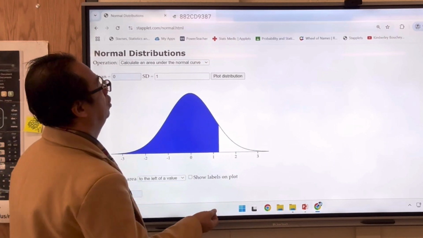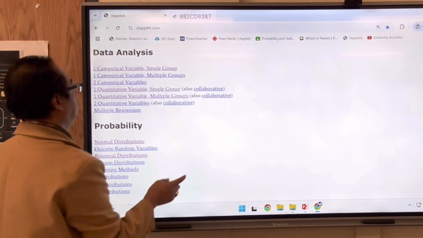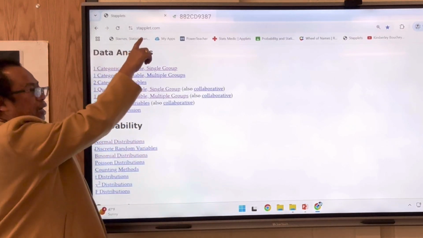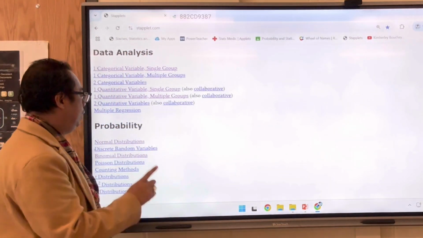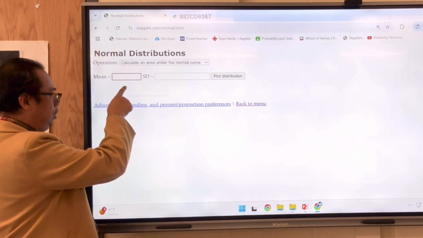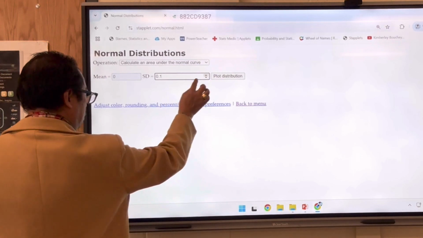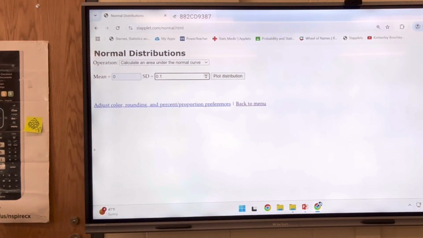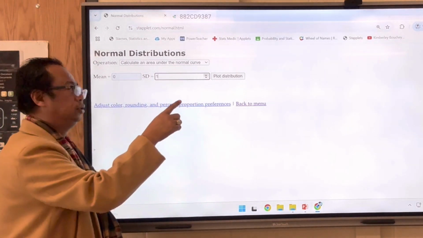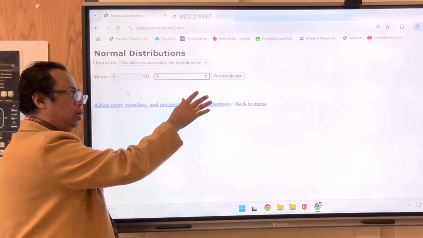So here, let's repeat it again. So we go to stoplets.com and then go to normal distribution. We got 0 here, we got 1 there. So the mean is 0, the standard deviation is 1.